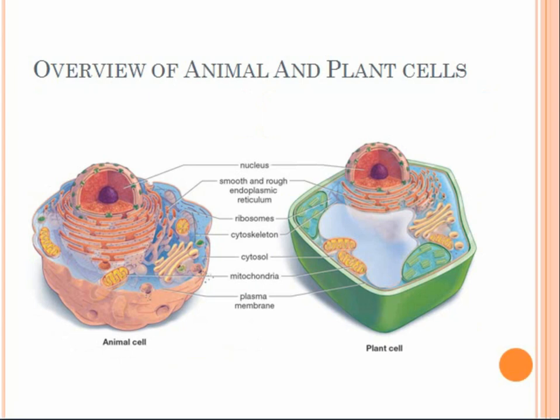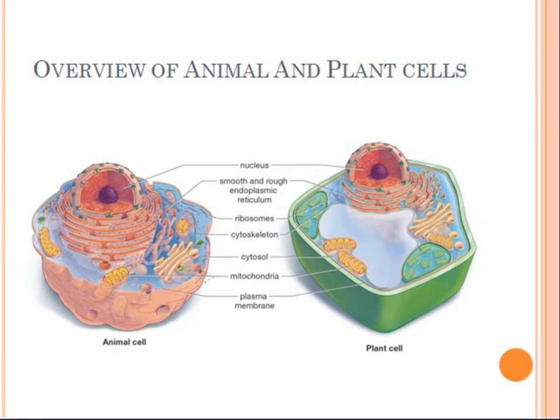So, this is an overview of animal and plant cells. There is not much difference, but there are some basic differences, like the vacuoles. We are going to discuss all the organelles of every cell, plant cell and animal cell, in the next part of this video. Here you can see that the plant cell in green color has a boundary.